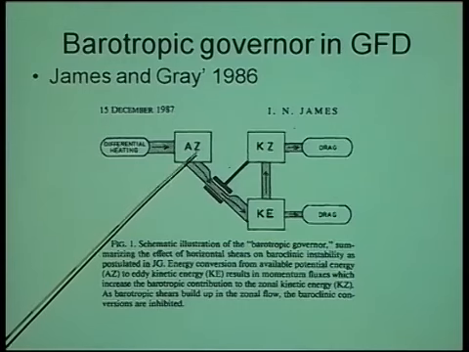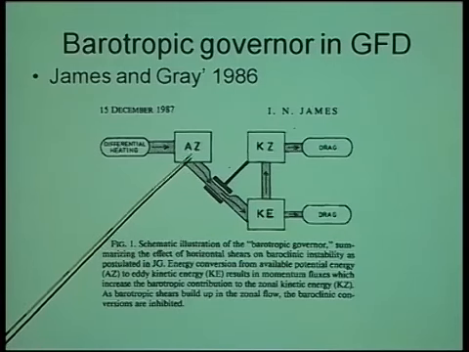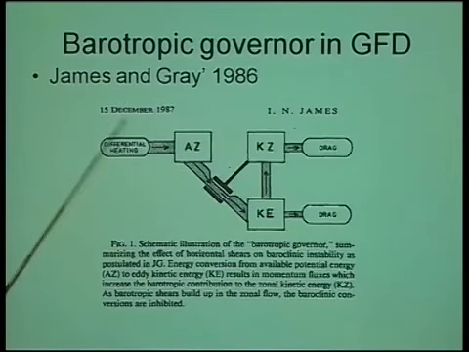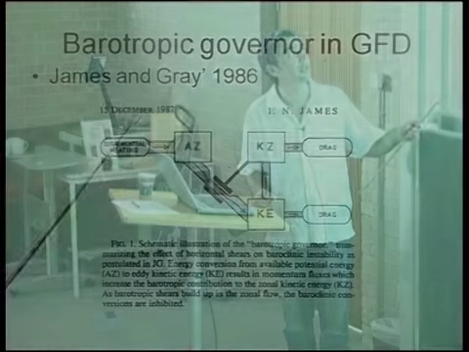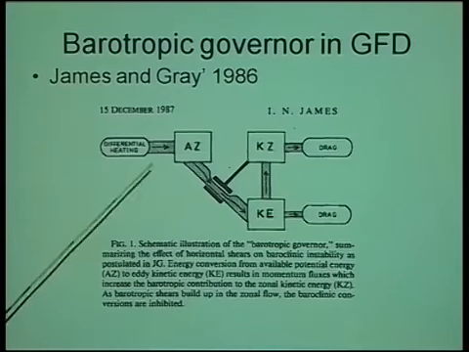You can see a very similar diagram to that normally plotted by people in plasma, right? To describe this paradigm of zonal flow and drift waves. That was done in the paper of James of '87.